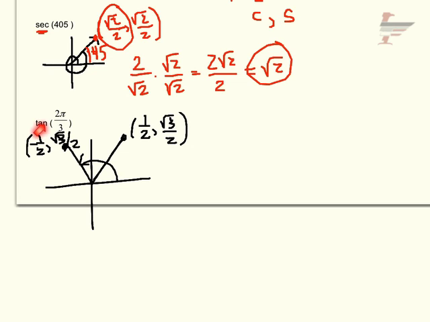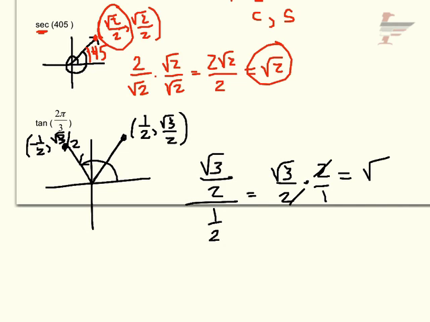So I want the tangent, and tangent is sine divided by cosine, or y over x, right? So I'm going to just do the math here. So y divided by x, which is the same as multiplying by the reciprocal. So reciprocal of 1/2 is 2, and that's the square root of 3. Oops, I'm sorry, I dropped my negative. So negative square root of 3.